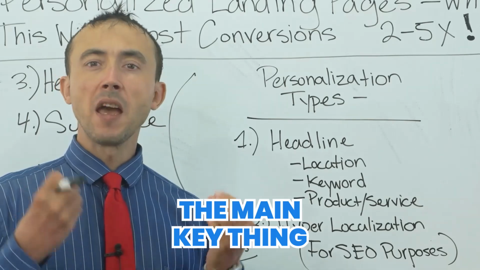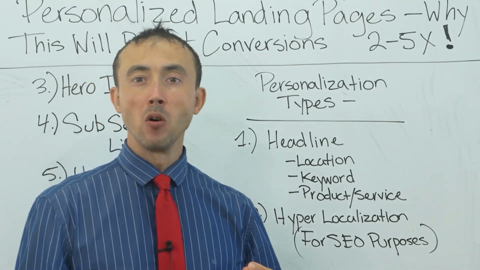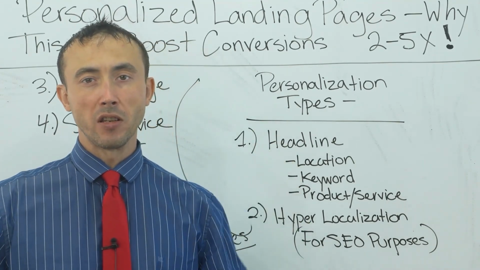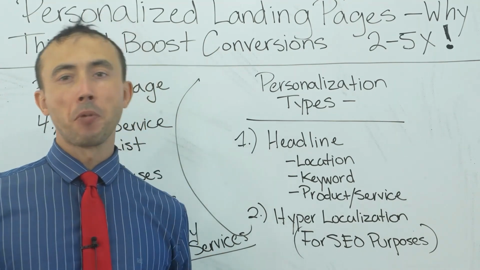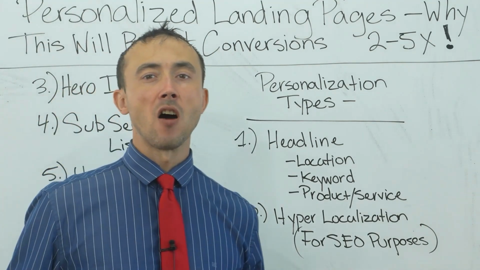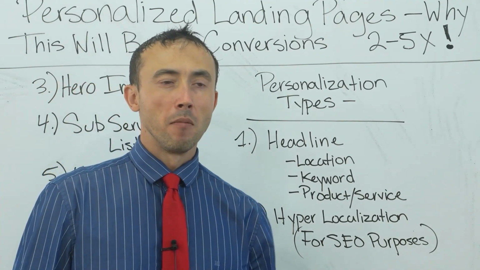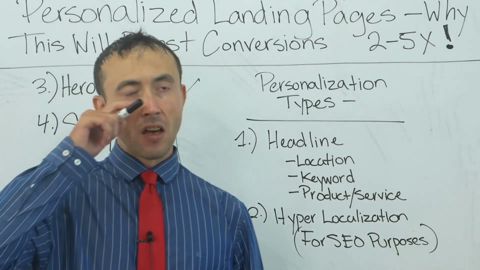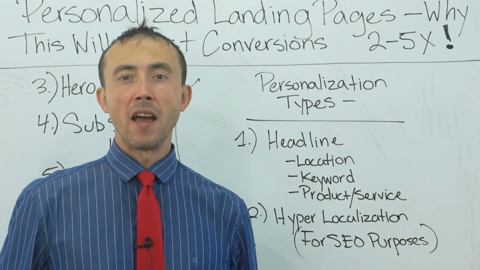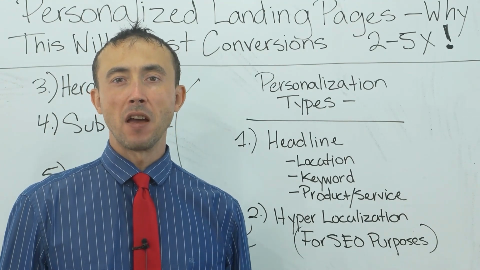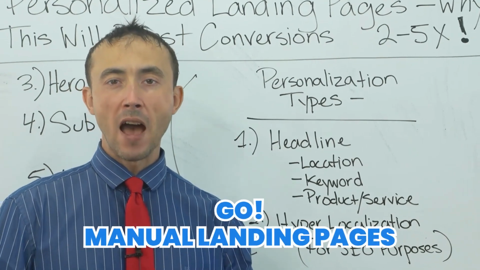That is the main key things that are going to move the needle the most in terms of actual personalization of your landing pages. When I say personalization, I don't mean using software to dynamically insert crap onto your page. That's what most people are going to tell you to do. That is the way inferior way to customize and personalize a landing page for a user. Go manual.